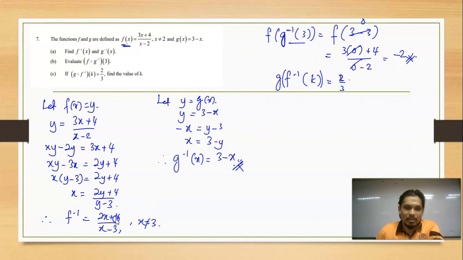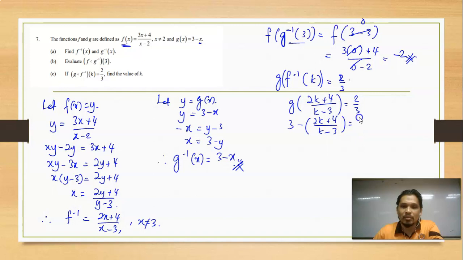This one here, and substitute x with k, so then g of 2k plus 4 divided by k minus 3 equal to 2 over 3, and substitute the whole function into x of the function g. So it is now 3 minus x, which is 3 minus (2k plus 4 divided by k minus 3) equal to 2 over 3.